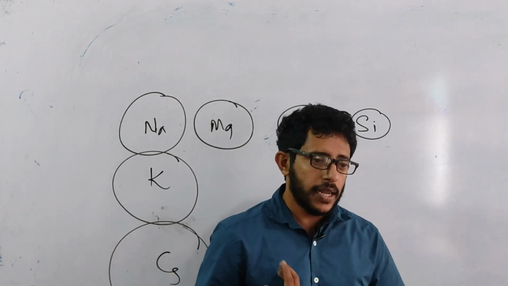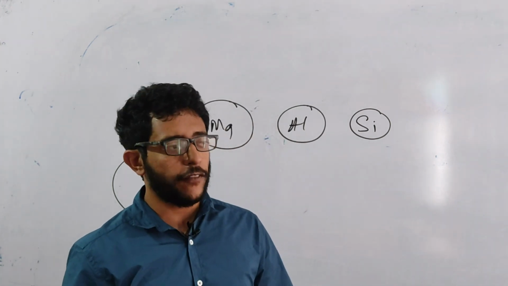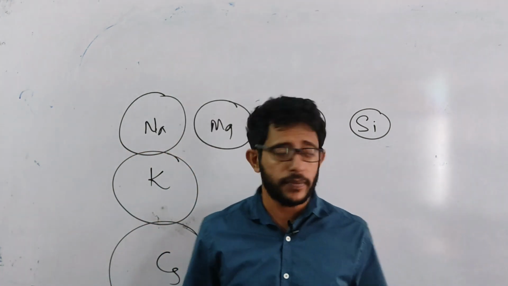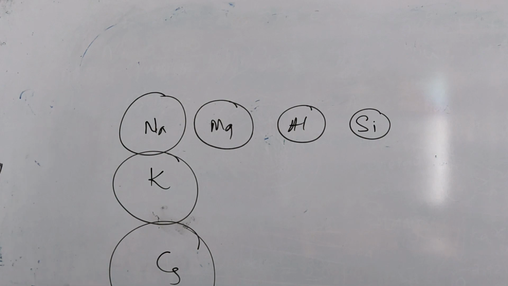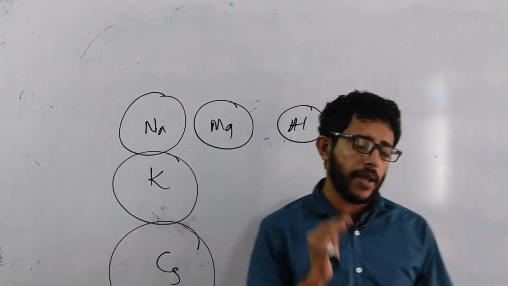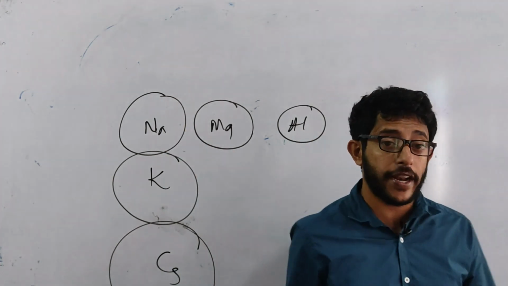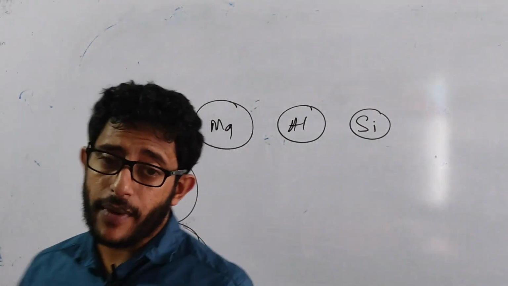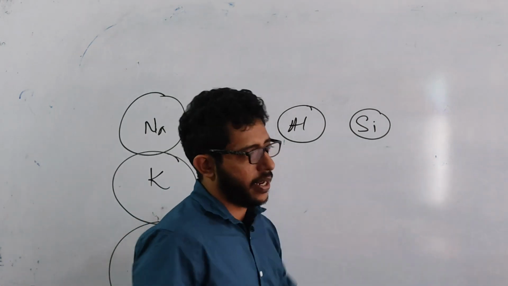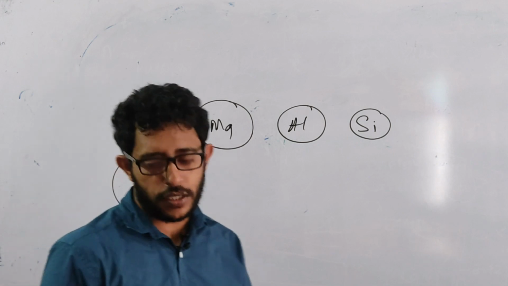But we say the effect of shielding is much higher than the influence of the protons inside the nucleus. So when going down the group, shielding effect increases. As a new shell is being added, nuclear attraction decreases. That makes the atomic radius increase. So when you talk about the atomic radius, always left to right of a period, atomic radius decreases. Top to bottom of a group, atomic radius increases, right?